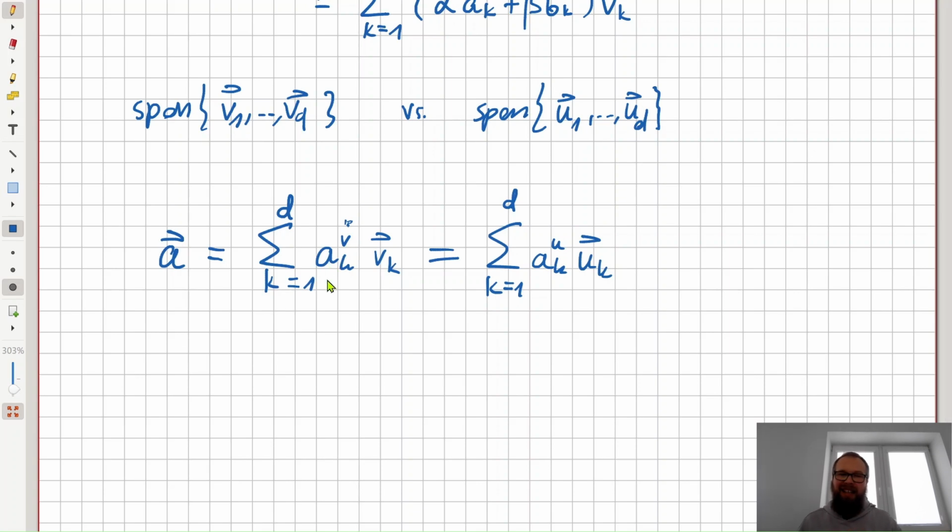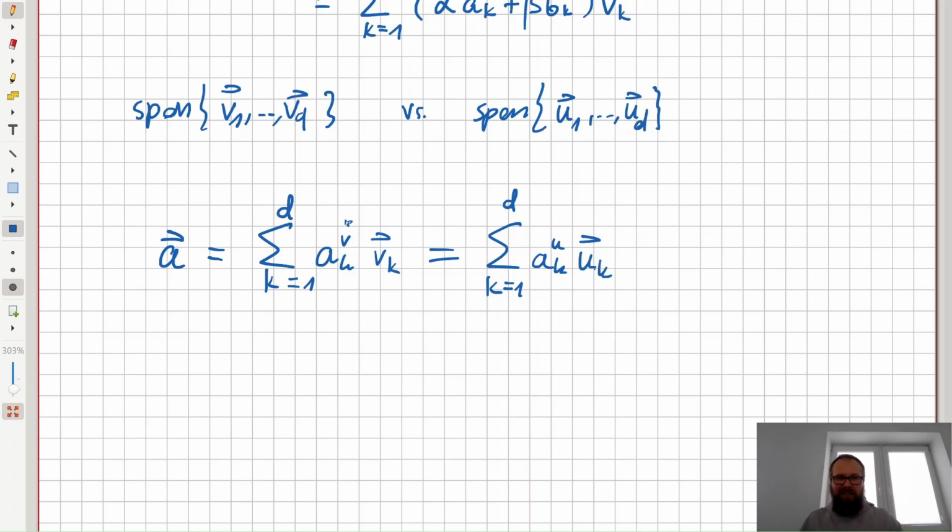So the set A_K with V superscript, there are D numbers there, but those numbers are not the same as the numbers A_K with superscript U, okay? But they are related to each other because, like I said, you can decompose one basis in the other basis, right? So I could decompose U in V, for example.